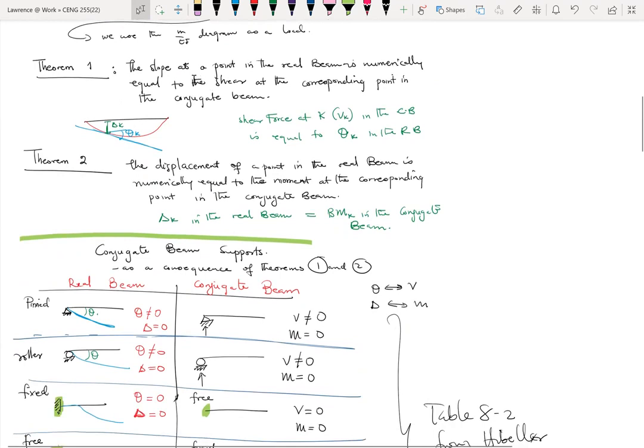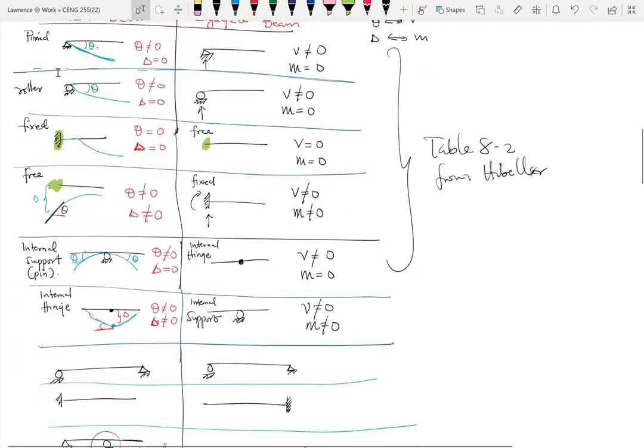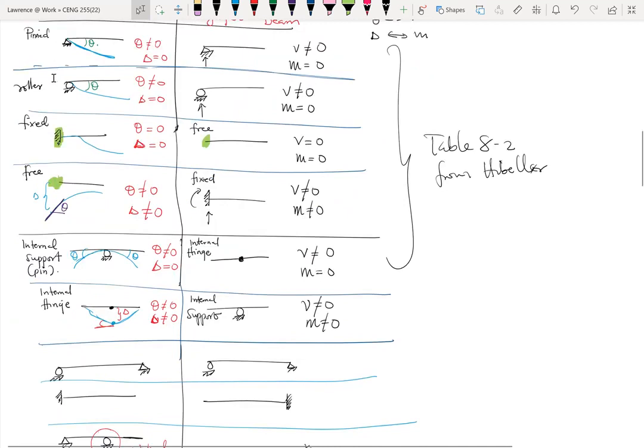Then we are able to analyze structures based on the conjugate beam approach, whereby shear in the conjugate beam will be equal to the slope in the real beam, and bending moment in the conjugate beam will be the same as the displacement in the real beam, right?